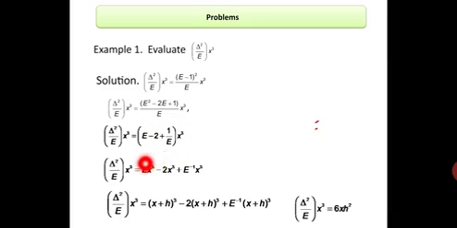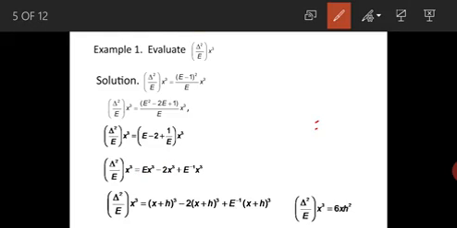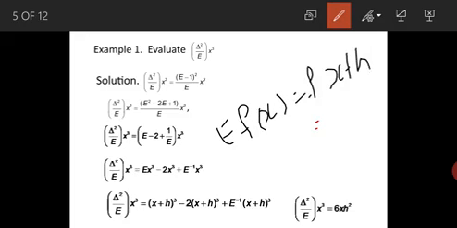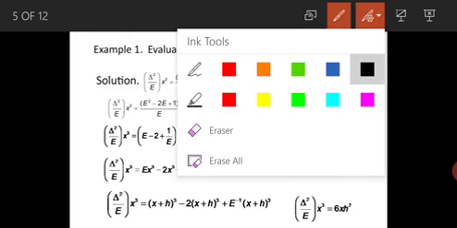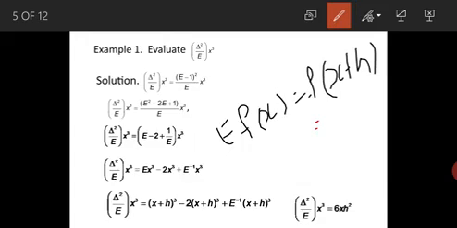Now I will apply the E into f of x formula. What is the E into f of x formula? We know that E into f of x is equal to f of x plus h. So wherever E is there, we apply this formula.